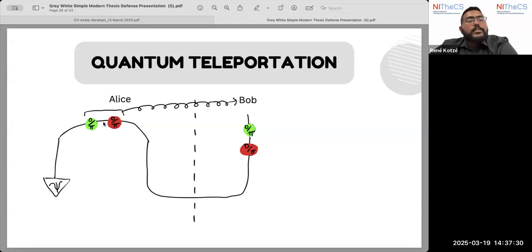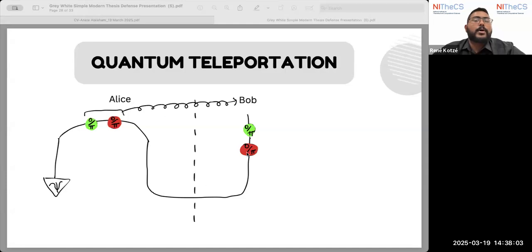So what we do is we look at this red spider. If it's state 0 or pi, on Bob's side, we include a red spider with state 0 or pi, which is the same as the observed state here. If we do that, then if we slide this red spider to Bob, it would cancel because in both cases, the phase would be 0 or 2 pi, which are equivalent.